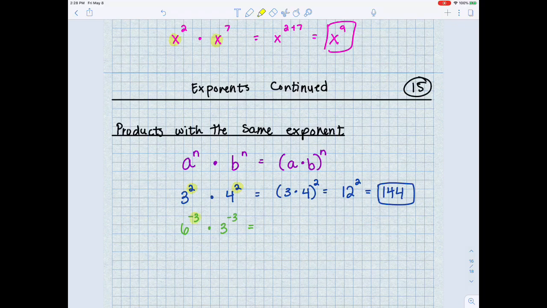Again, notice how the exponents are the same. So I'm just going to take my bases and multiply them together and keep the same exponent. 6 times 3 is 18. 18 to the negative third power.